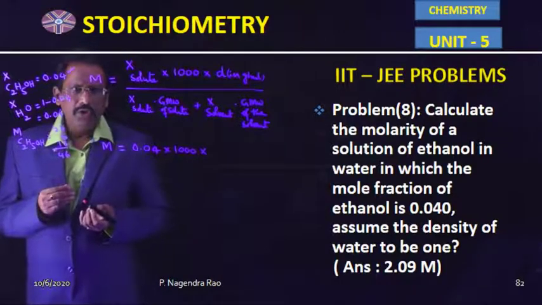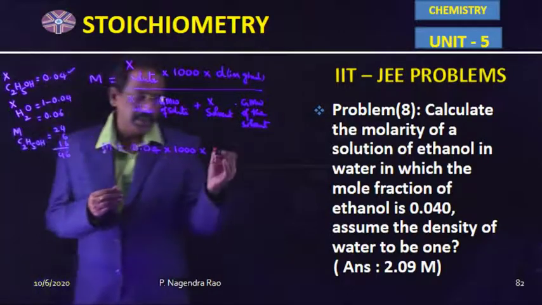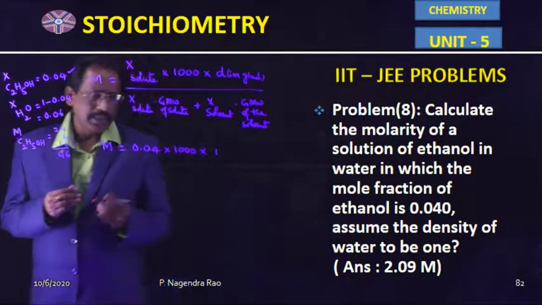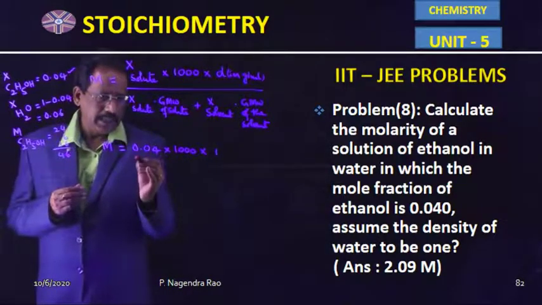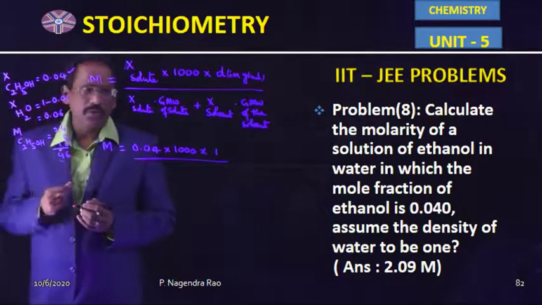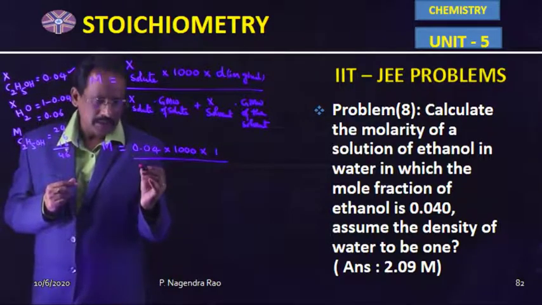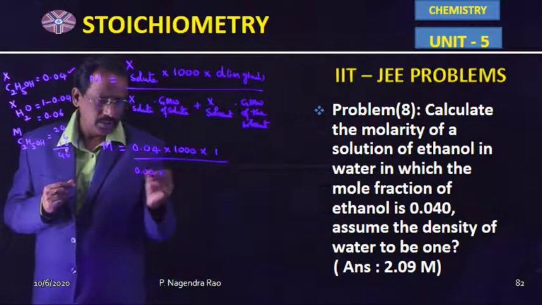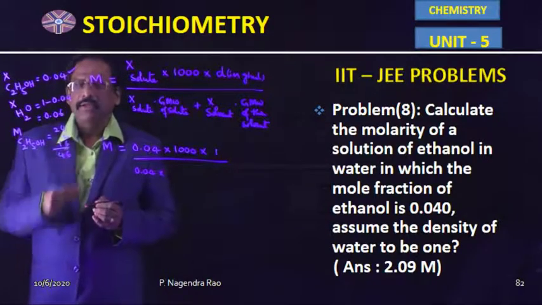Here assume the density of the water to be 1, that means 1 gram per ml, divided by mole fraction of the solute, that means 0.04 into its molecular weight.